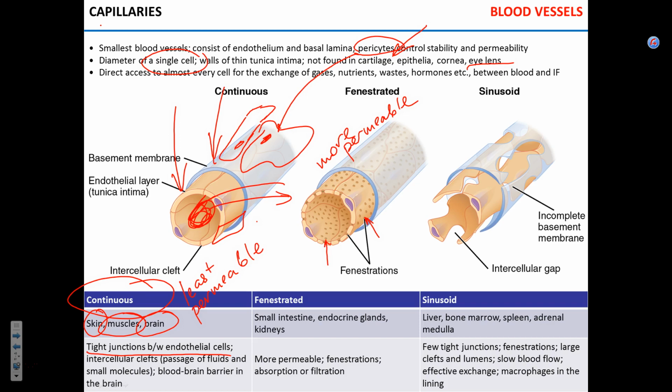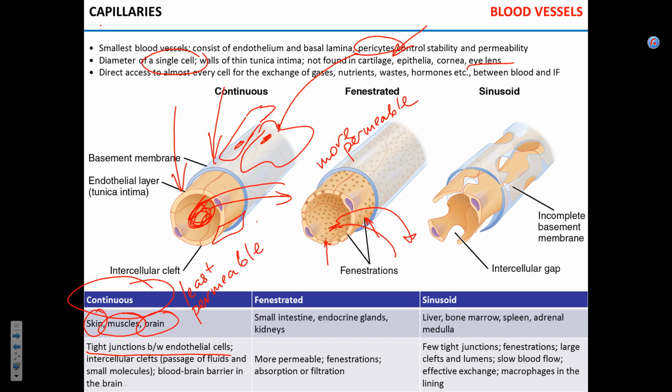It means window. Okay, so those tiny little fenestrations, windows, provide a patent way for larger molecules, such as proteins, for instance, or larger chemicals to go from the blood into the interstitial fluid and back.